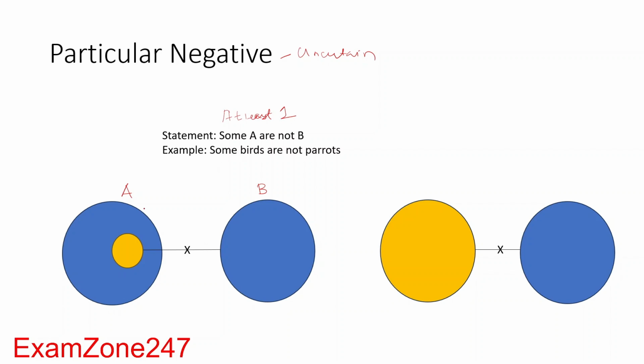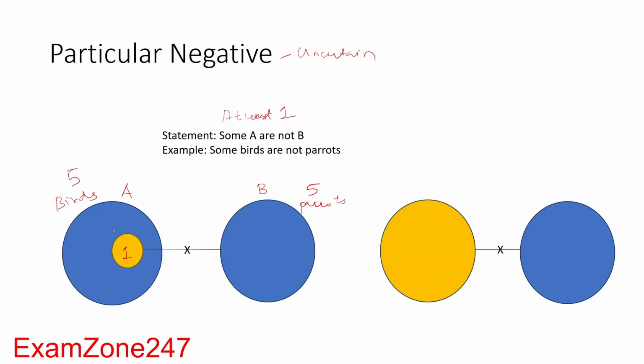Some birds are not parrots. Now let us say there are 5 birds here, and let us say there are 5 parrots here. Now I am telling that some birds are not parrots, and there is one bird here, and I am telling that this one bird is not a parrot.